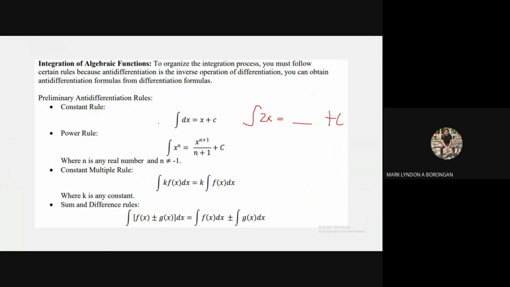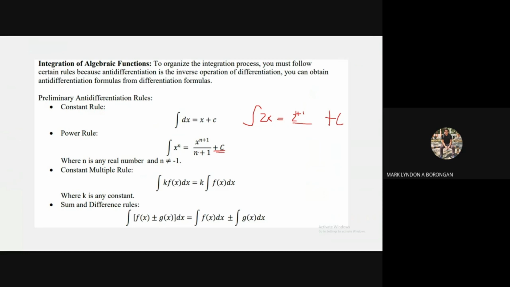Atong power rule diari guys is you have there x to the power of n plus 1 all over n plus 1 plus c. Okay? Plus c jud na siya. Okay, so if naka 2x, may 2x. So 2 to the power of 1 naman na siya. So 1 plus 1, all over n plus 1.